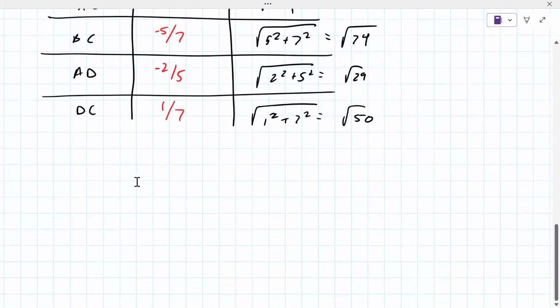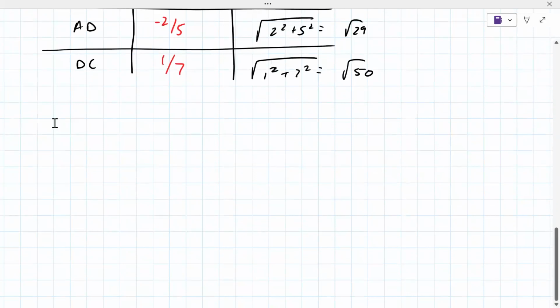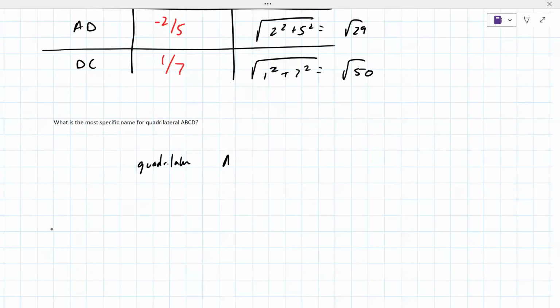So the question, and you're kind of doing this in your proof thing, which isn't really a proof, is what is the most specific name for quadrilateral ABCD? In our case, the most specific name is quadrilateral ABCD.